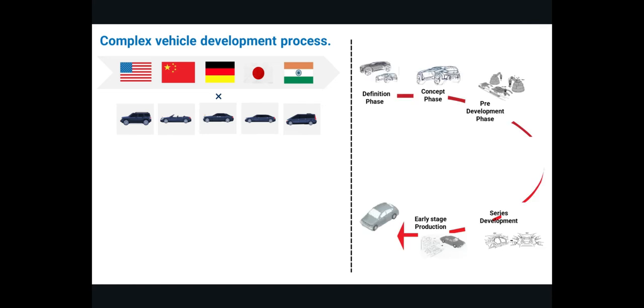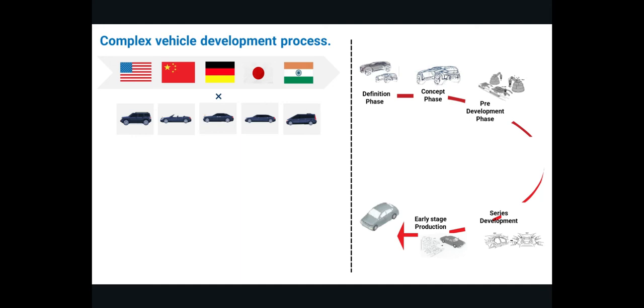At the time of remodeling, development is divided into various phases from the concept phase to pre-mass production phase. In each phase, functions are designed and validation tests are performed using simulations and prototypes to meet the needs of customers.